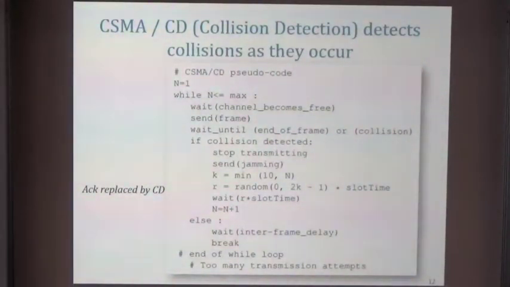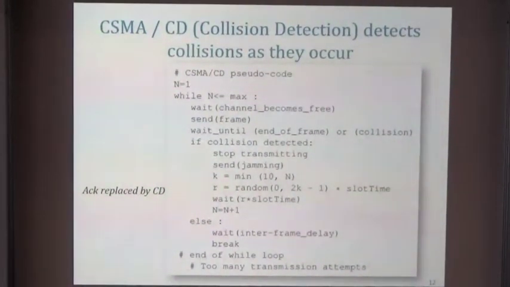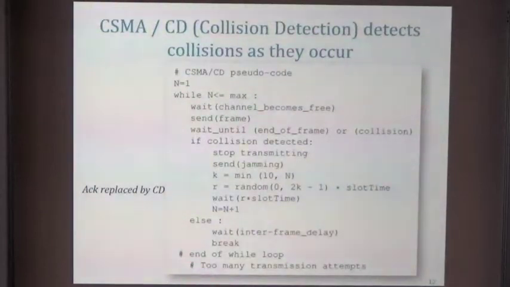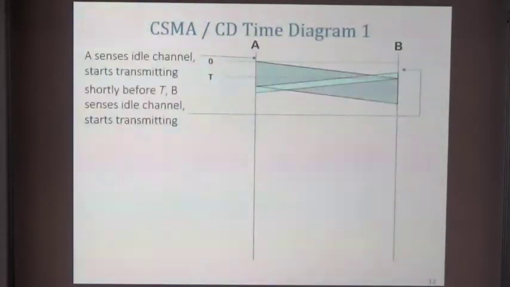I mean, deciding whether there's a collision or not is not a binary thing. We're not talking of bits here, but radio signals that you're analyzing. So if you have a collision that lasts for a nanosecond, you will not detect it, of course. So you want it to be long enough to be reliably detected.